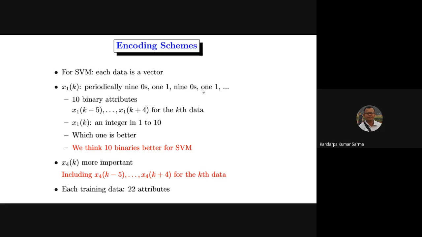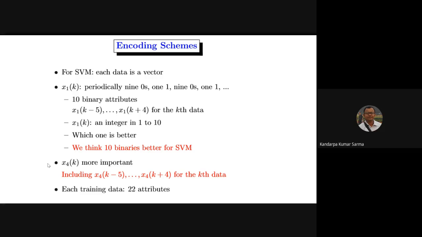So you can have 10 binary attributes represented by a quadratic representation like this for the data, then x_i,k with an integer from 1 to 10. So the one that is better should be selected. So 10 binaries for the support vector classification is better.